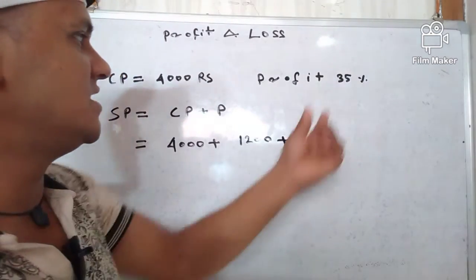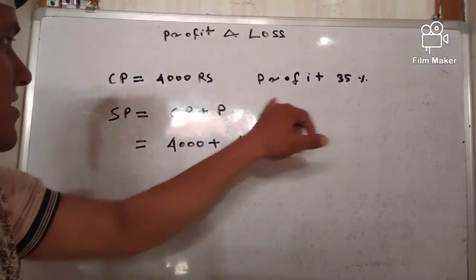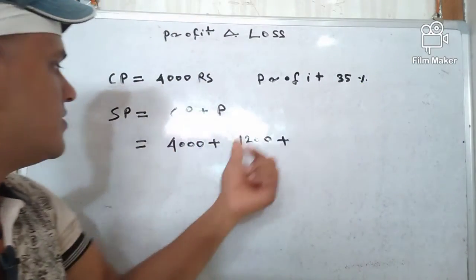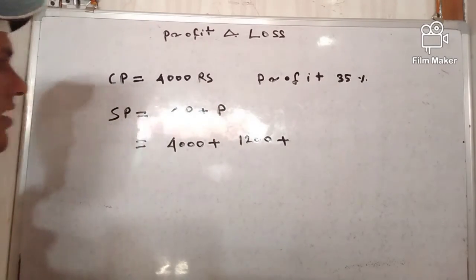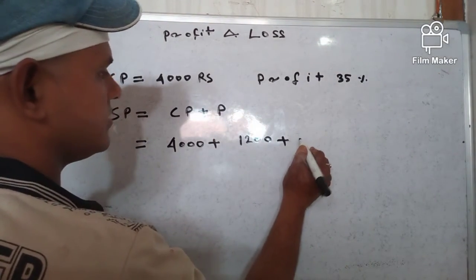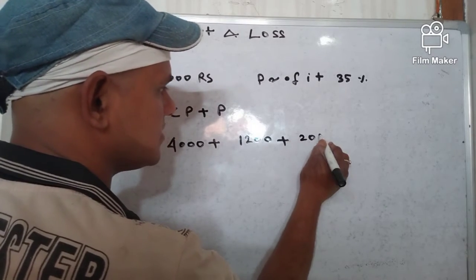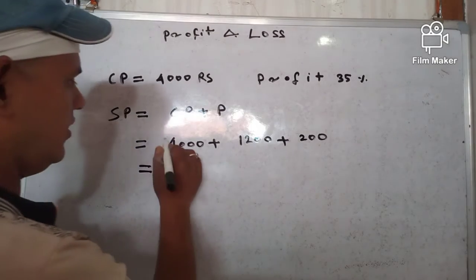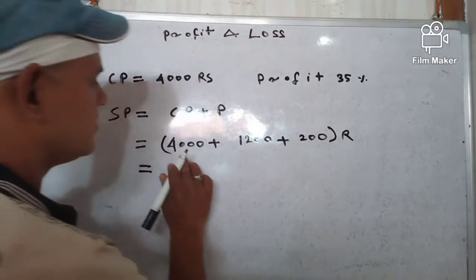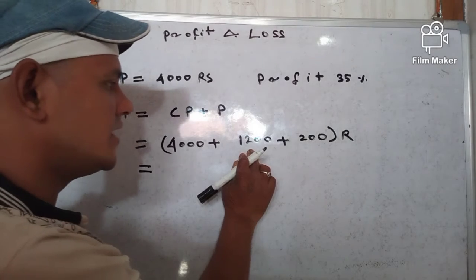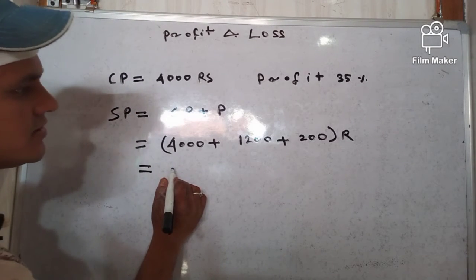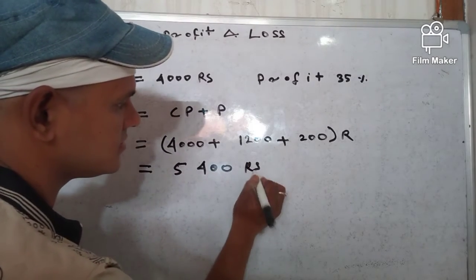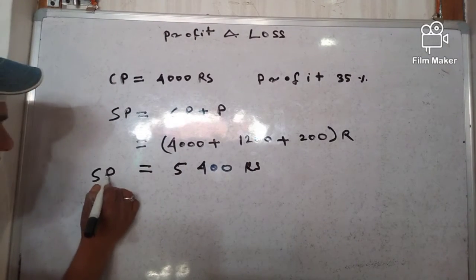Then 5% is remaining. 5 is half of 10, so half of 400 is 200. So add all: 4000 plus 1200 plus 200 will be 5400. So now SP is 5400.